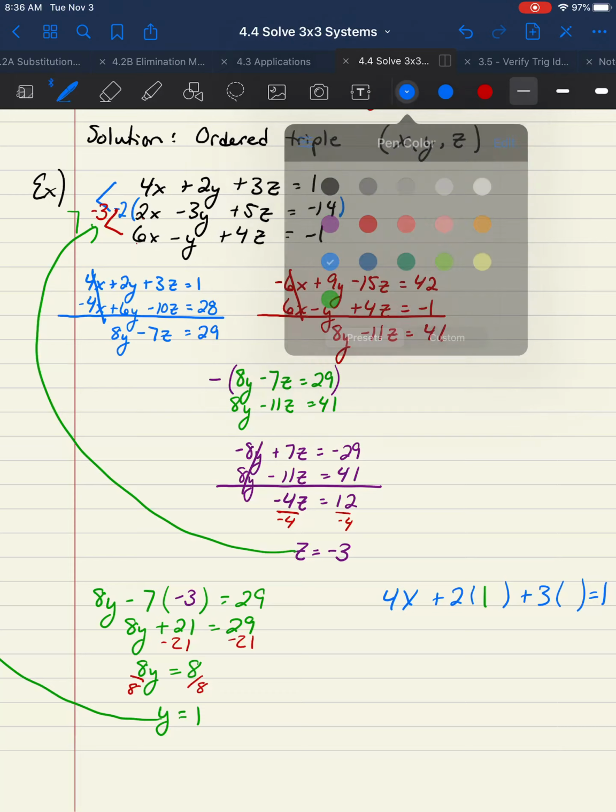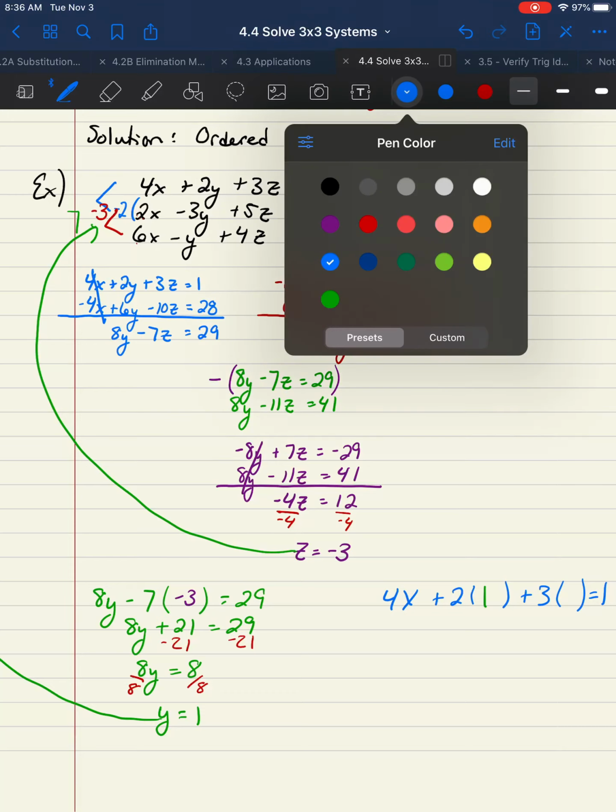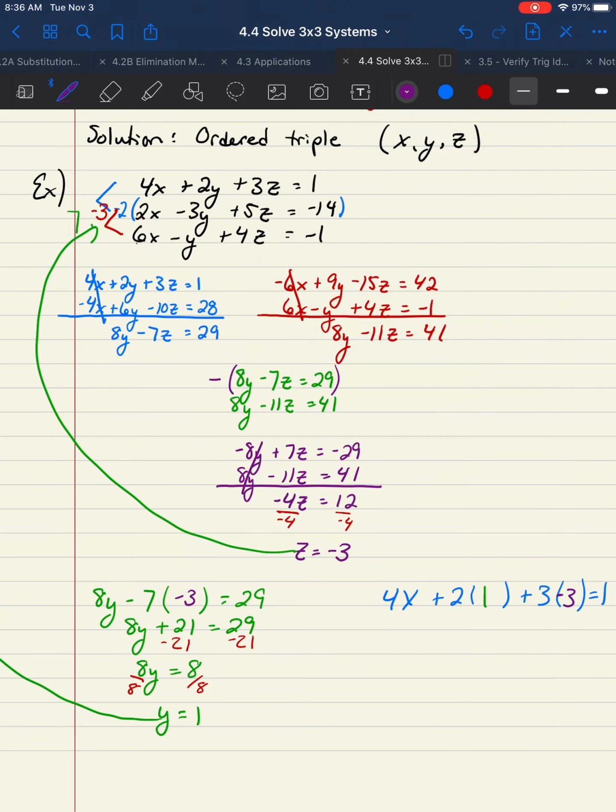But instead of y, I'm going to plug in 1, and instead of z, I'm going to plug in the negative 3. I know I'm not instructing a lot, but I'm just working this out to get x by itself.